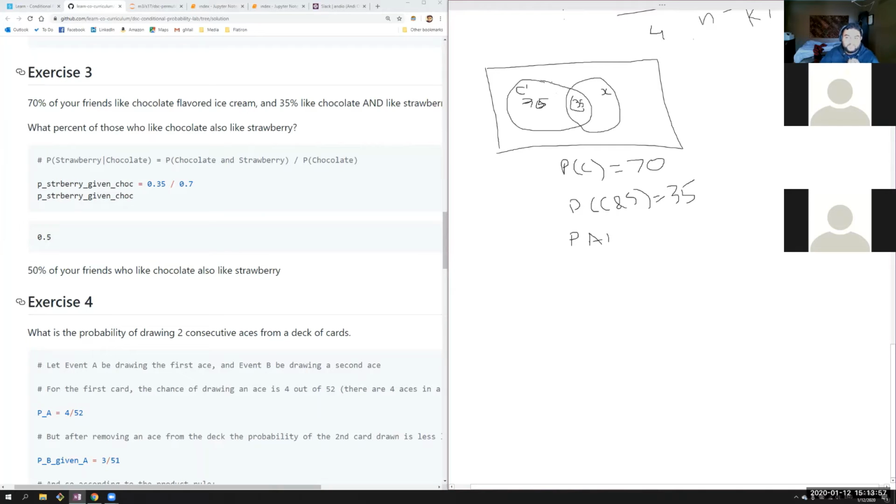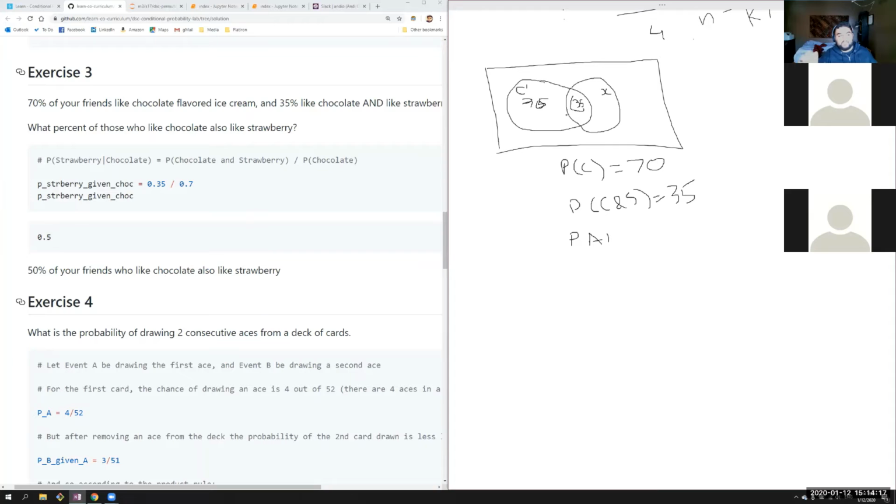If we know that they like chocolate, then what are the chances that they like strawberry as well? Chocolate is now your 100%. It's a unique thing, it's not visible on the diagram. That's what I've learned about conditional probability.